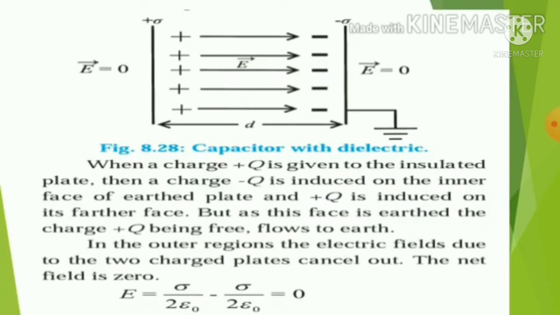In figure 8.28, we have shown two plates of a parallel plate condenser, each of area capital A, vertically parallel to each other and separated by a very small distance d. The outer surface of the first plate is insulated or coated, and the inner surface of the first plate is conducting. On the inner surface of the first plate there is a plus Q charge, and the outer region of the second plate is earthed or grounded.